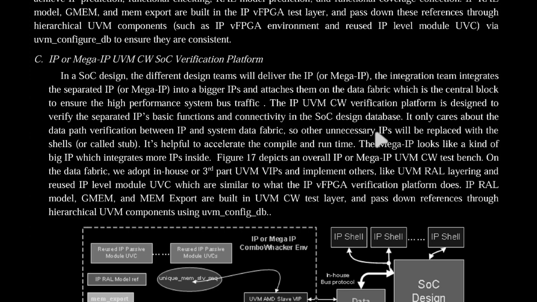It only cares about data path verification between IP and the subsystem data fabric, so other unnecessary IPs will be replaced with shells and code stubs.